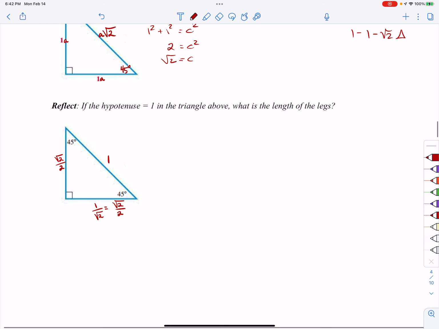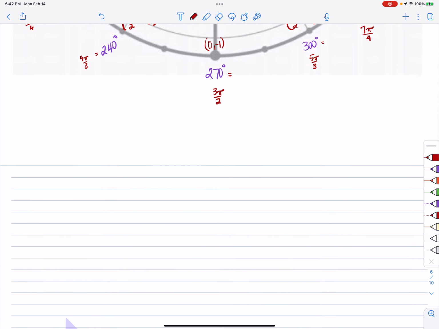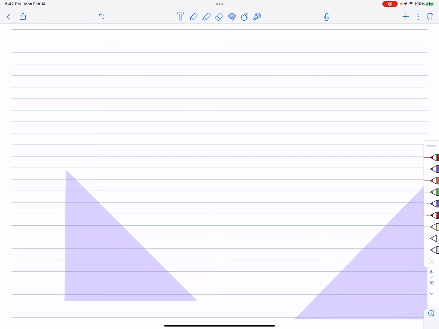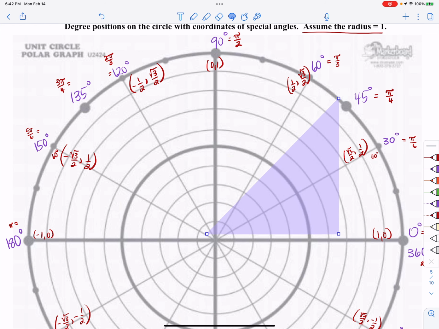So at this point then, let's translate this over to the unit circle. And I'm going to, like I did in the last video, have a couple of pre-made triangles here that I will put on my circle. Notice that the angle here at the origin, this is 45 degrees. This is my right angle.